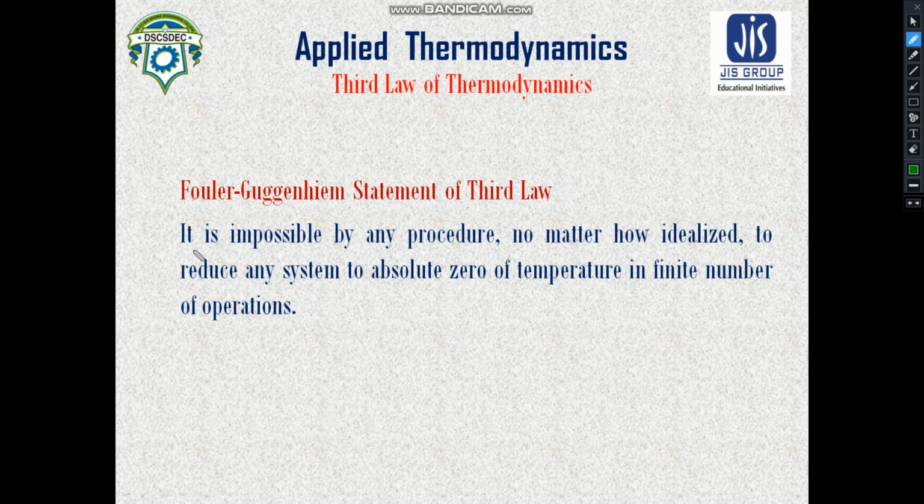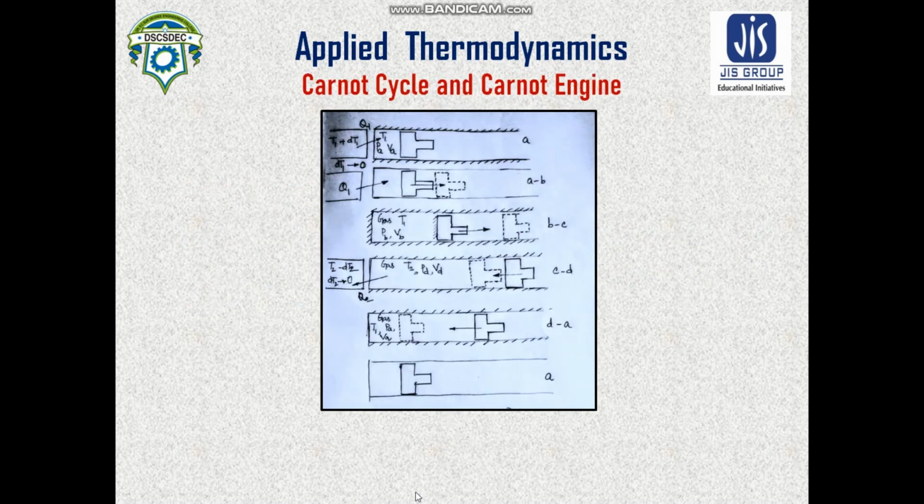So with this understanding, let us move on to the concept of Carnot cycles. This is your Carnot engine and Carnot cycle. We'll be explaining it. After the concept of the reversible heat engine was developed, it was well defined that the reversible heat engine will provide you the maximum efficiency of all engines.